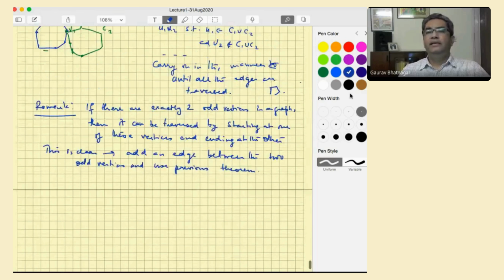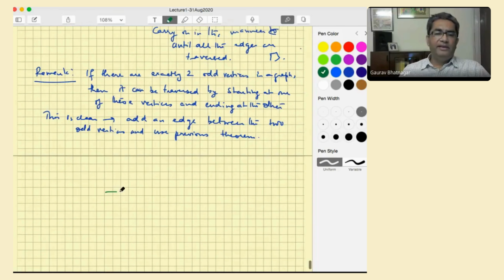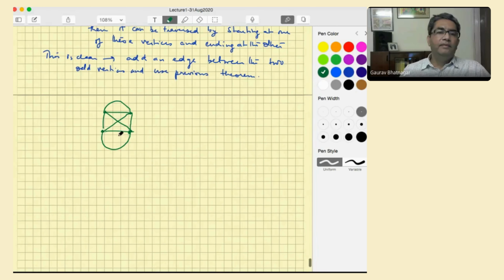So is this clear? What we're doing? Let's just try this approach on this graph. Let's start somewhere. I'll start at this point and do this. This guy is touching some other circuit. It goes here and it comes here. That's step one, step two.